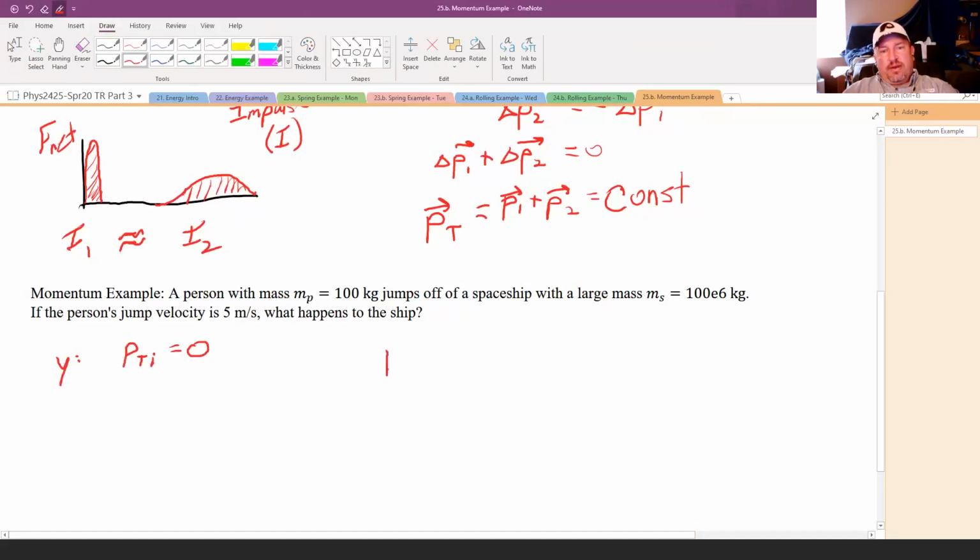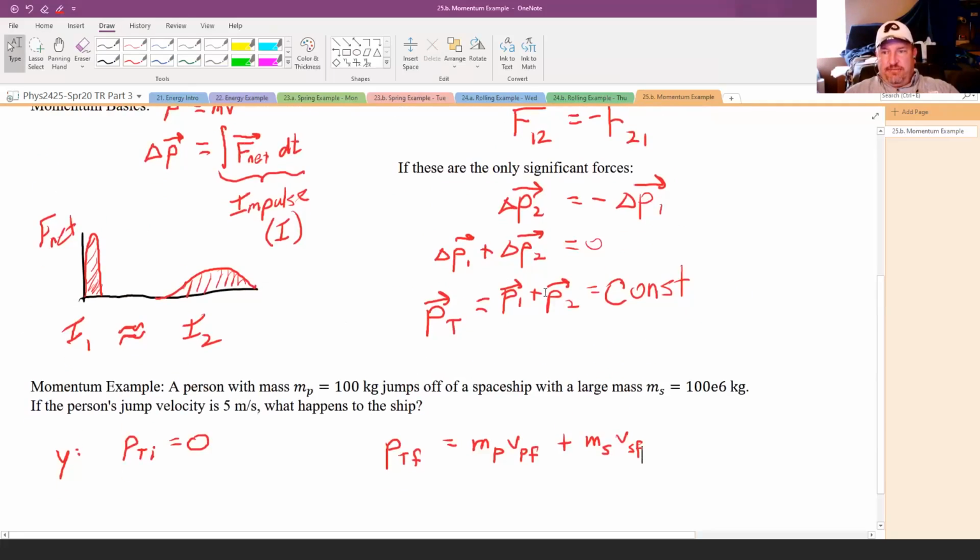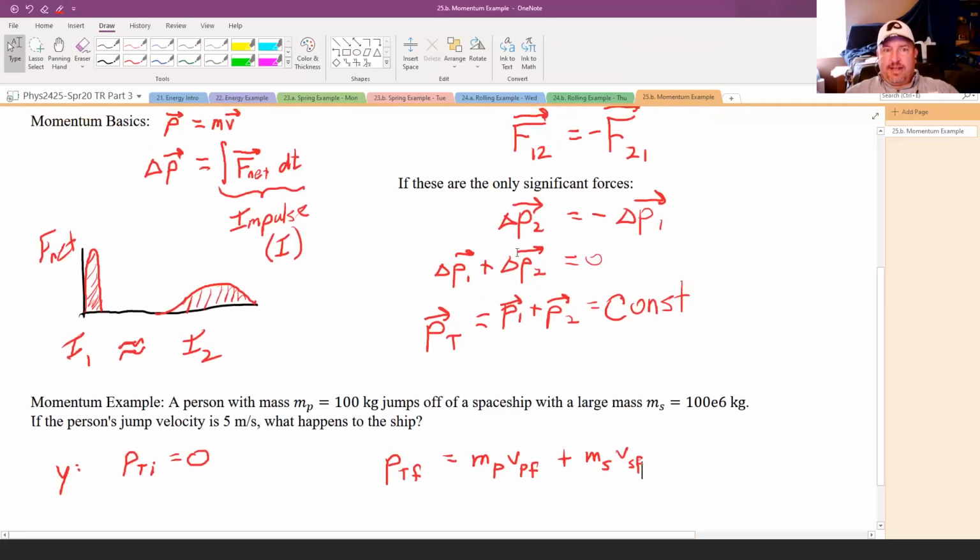So when we go to calculate P total final, that's going to be M person V person final plus M ship V ship final. The total final momentum is just the sum of the momentum of each individual object, and each has its momentum calculated as mass times velocity.